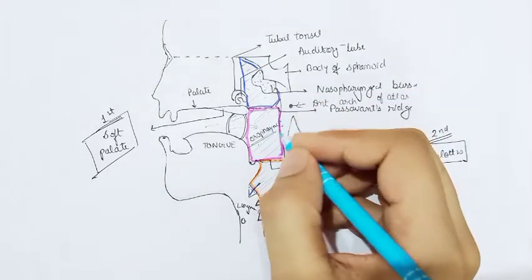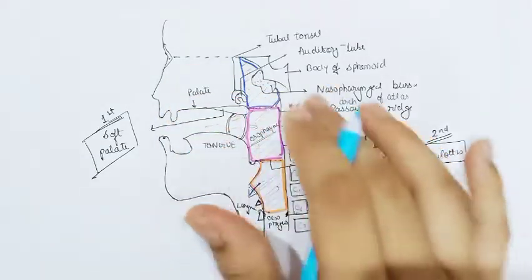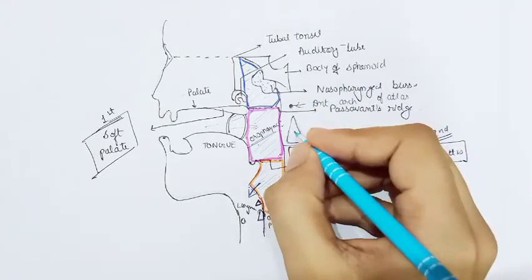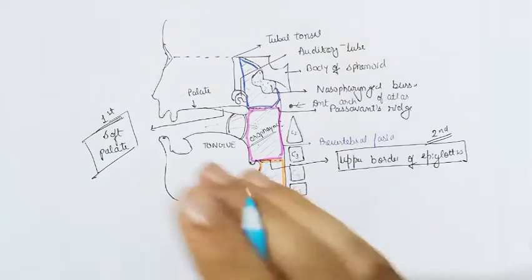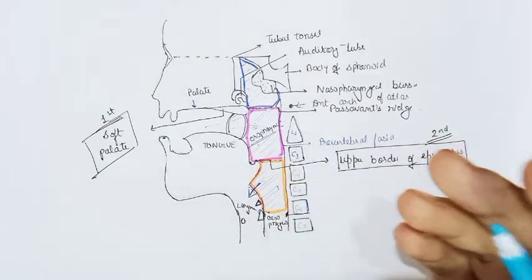In this case we don't have any roof, so you can see the roof is open. The posterior wall of the oropharynx is constituted by the C2 and C3 cervical vertebra.